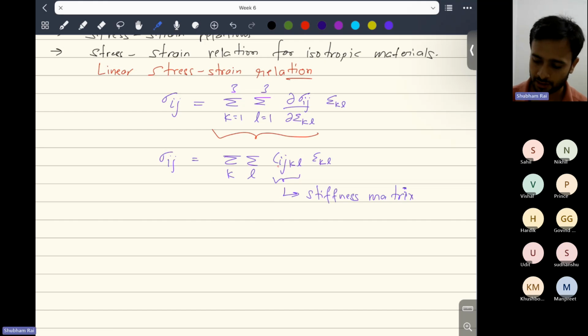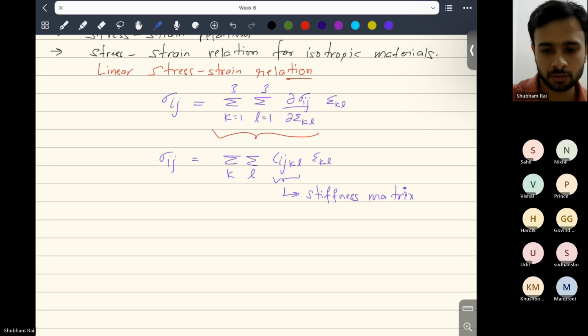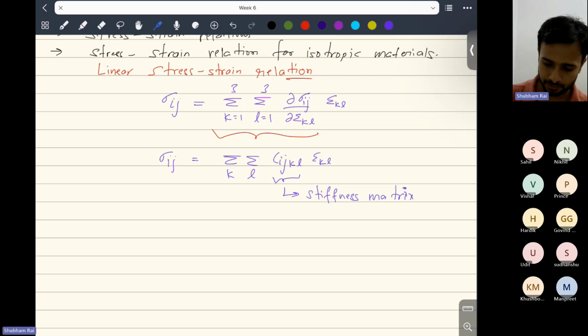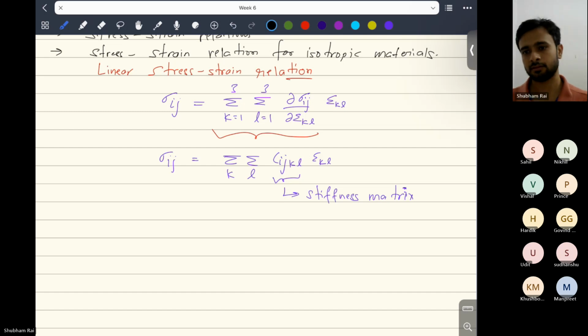There are four indices i, j, k, l, and each of the indices can go from 1 to 3. Therefore, there can be 81 components in C. But all of the components need not be independent. So in total there are 81 components, but not all are independent.